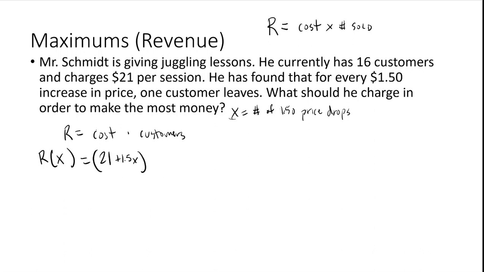That is representing the cost he's selling these for. Now, how many customers does he have? He starts with 16, but every time he does this price increase, he's going to lose one customer, so minus 1x, or just x. Now I have this thing. It's obviously going to be a quadratic after I multiply this out.